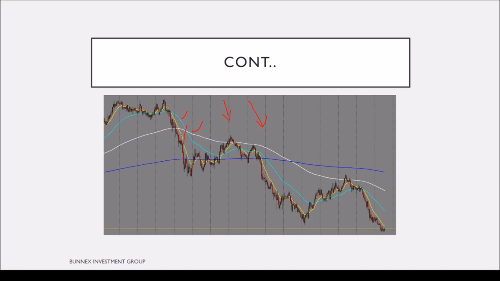And the converse is true. Whenever I see the 50 crossing the 200 in an upward manner, I would know that the trend is up. So whenever I see this, I know that I now have the initiation of another trend. I am now looking for short trades. In this case, we had this trade, following the market trend.